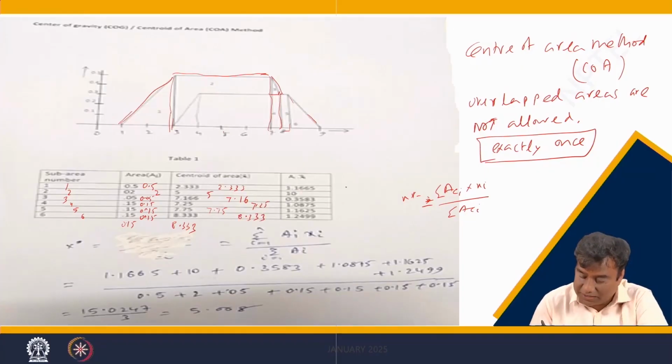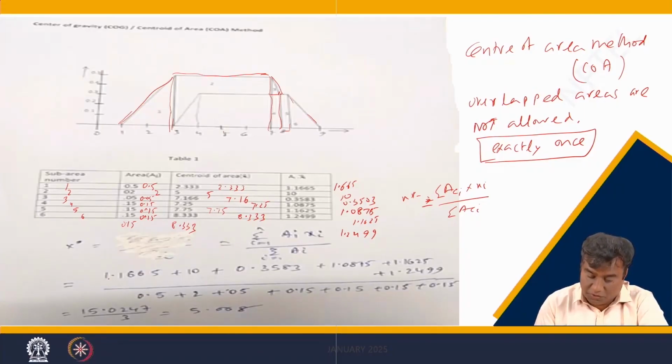So ai into xi is 1.665, 10, 0.3583, 1.0875, 1.1625, and 1.2499.